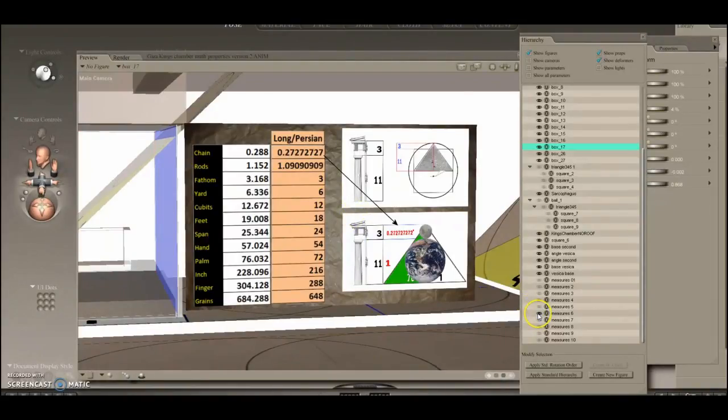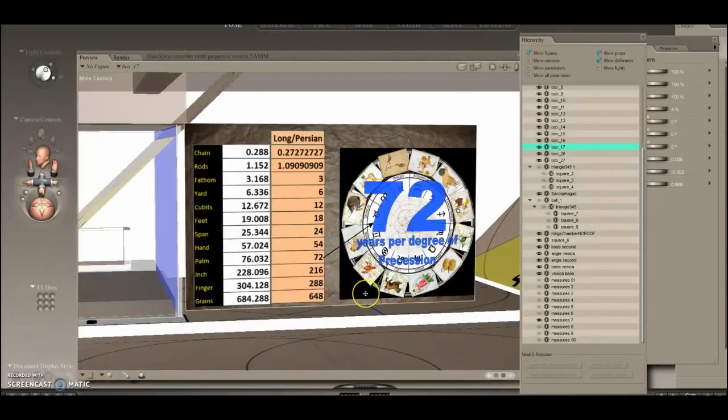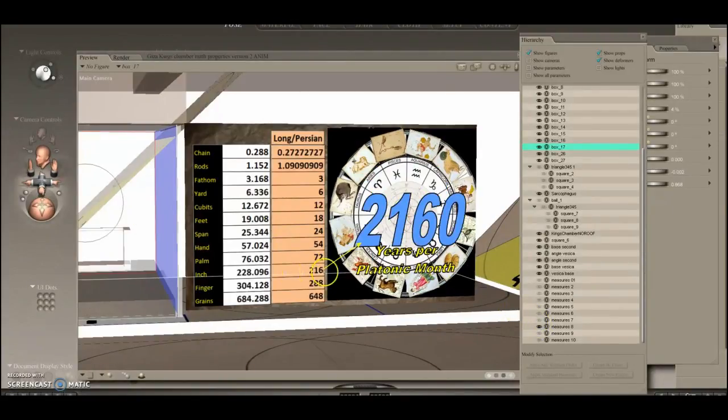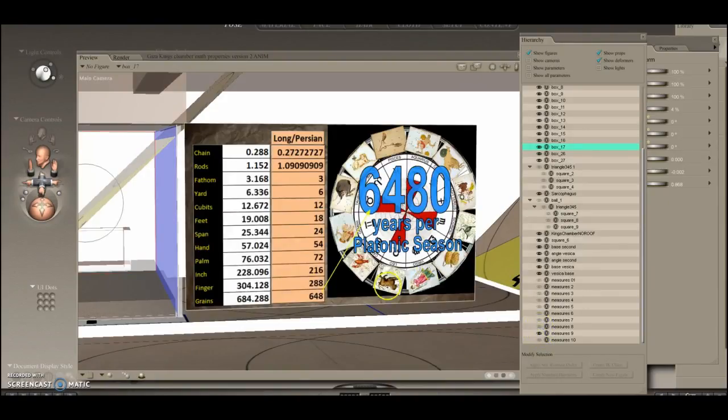But again, the precessional quality, the great year, the precession of the equinoxes is called 72 years is 1 degree of precession. Each Platonic month, so each age, we're now entering the age of Aquarius, is 2,160 years, 216, and one Platonic season, 6,480 years.